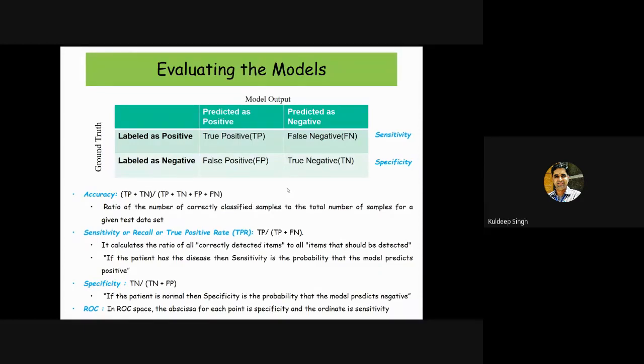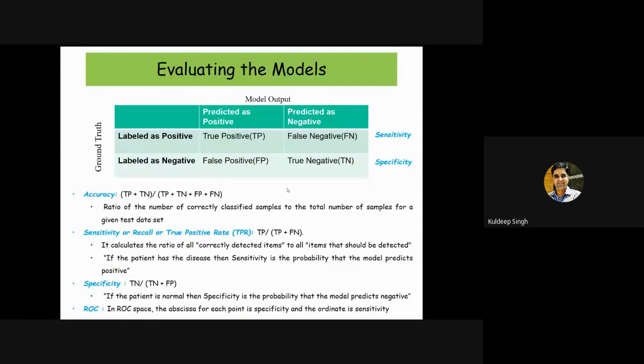Similarly, if an image is labeled as negative in ground truth and the model has also predicted it as negative, we call it a true negative. In this table, these two parameters are of interest to us. Their values should be highest, and for the other two, false negative and false positive, the values should be as close to 0.